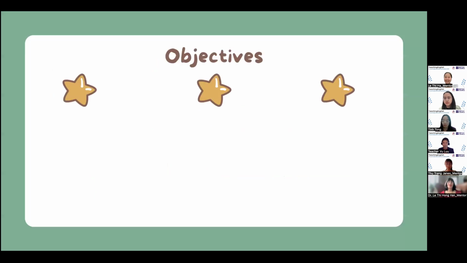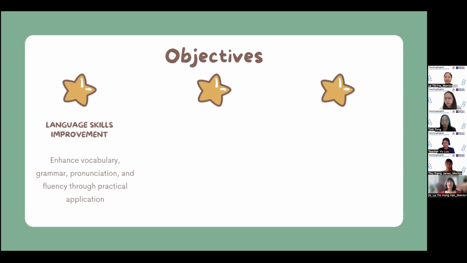All right. The objectives of the project, let's be more specific with the 3 stars here. The very first one is that I want my students to improve their language skills, especially vocabulary, grammar, pronunciation, and fluency. Through practical applications, they will be able to improve their English skills.